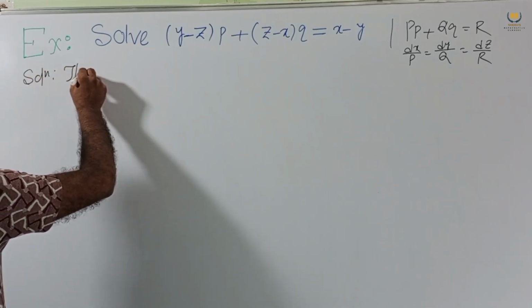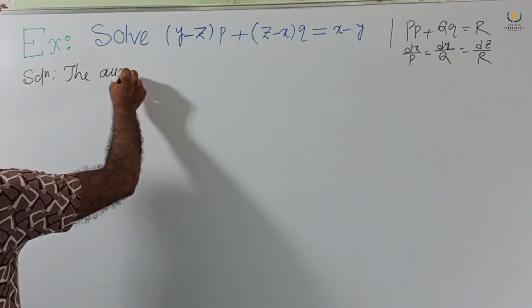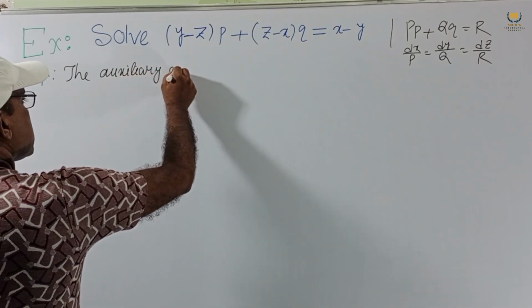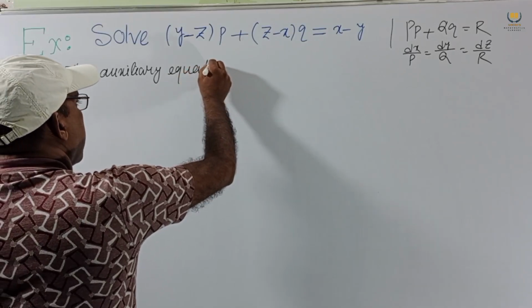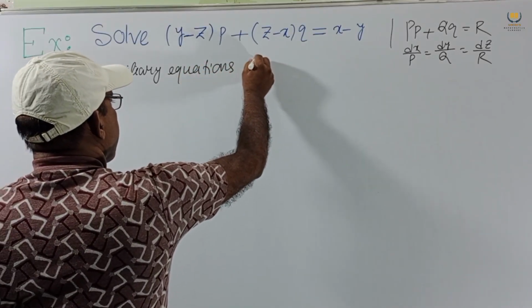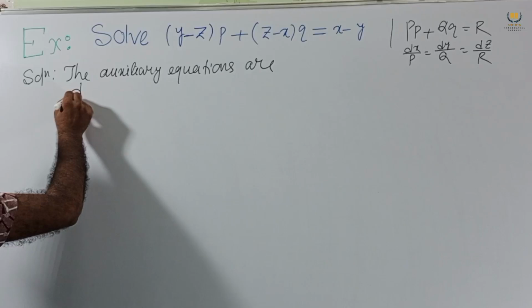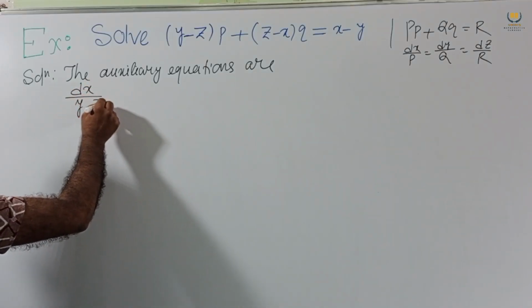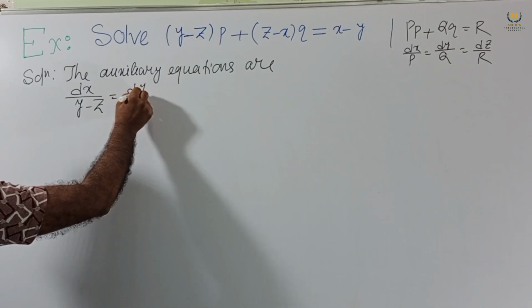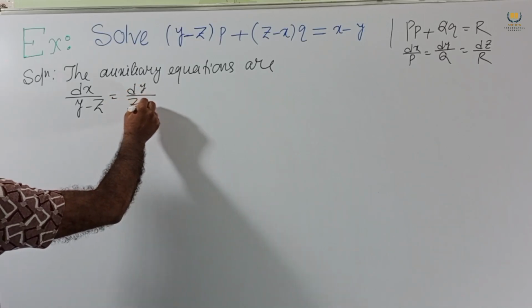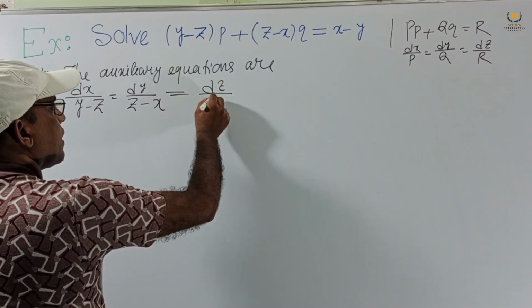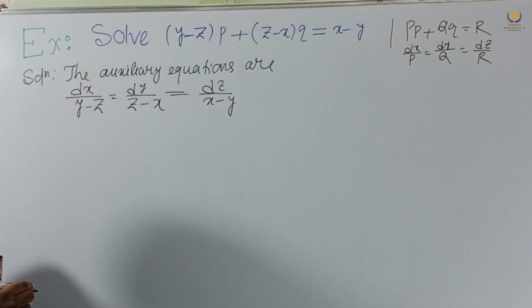Solution: the auxiliary equations are dx/(y − z) = dy/(z − x) = dz/(x − y).